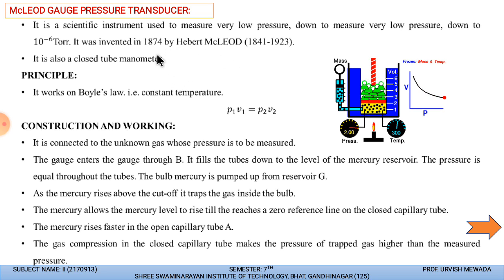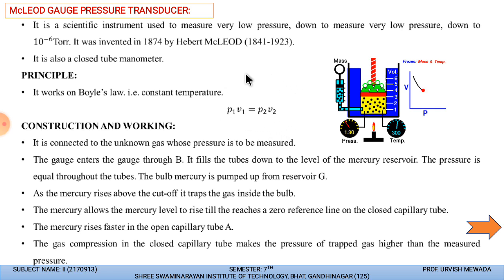It states that the pressure P of a given quantity of gas varies inversely with its volume V at constant temperature. The equation followed by Boyle's law is PV equals K, where K is a constant, and the relationship we can form is P1 V1 equals P2 V2.